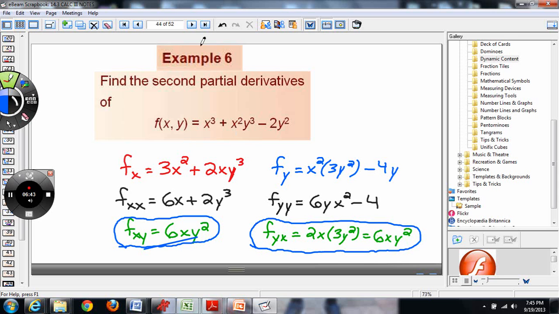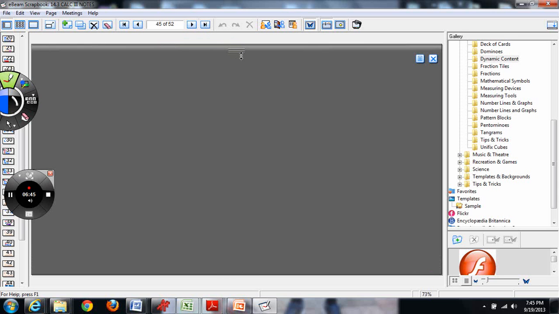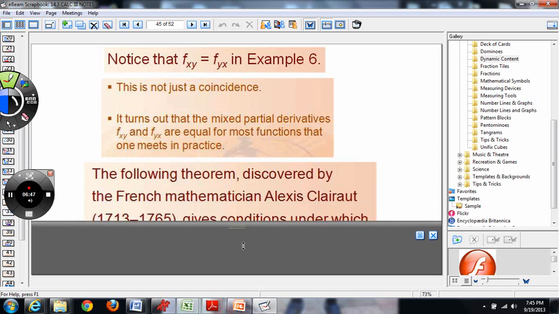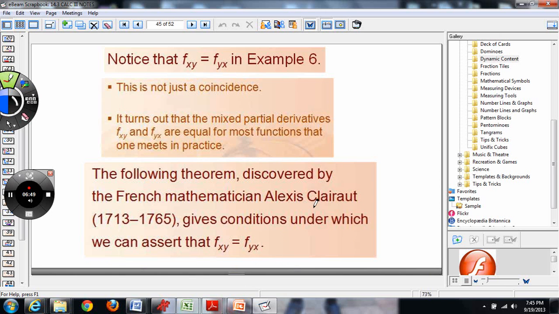And there's actually a theorem about that, and that is this dude here. He discovered that is the case a lot of the time, for most functions.